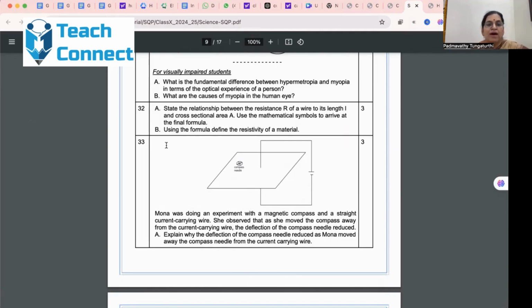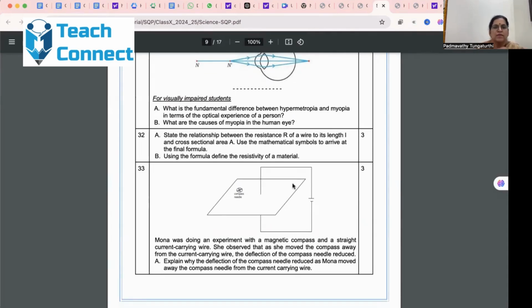The length of the wire, there is a formula for this. That formula has to be taken care of. Question number 32, how the resistance R is equal to rho L by A, that is specifically asked to define the resistivity of the material. That means very small, 1 unit by 1 unit, how is it going to change?